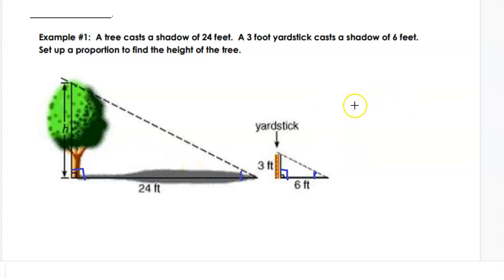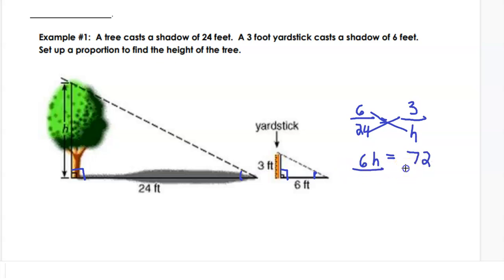If we set up our proportions, you know that 6 is to 24, the small one over the big one, the same as 3 is to h. 6 and 24 are the two corresponding sides in the similar triangles, and 3 and h are also corresponding sides. Cross multiplying, I have 6 times h is 6h, and 3 times 24 is 72.